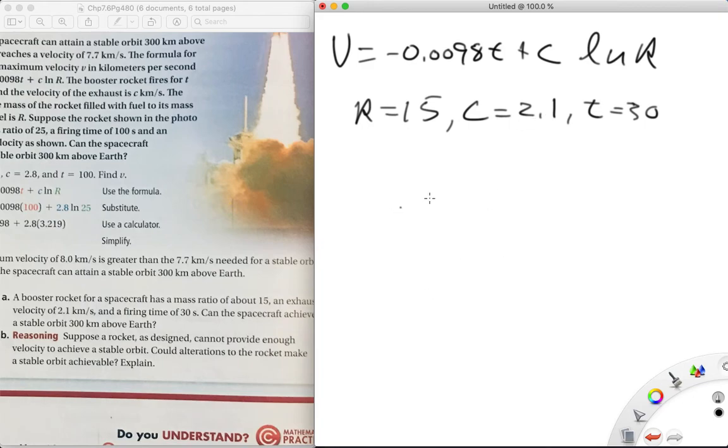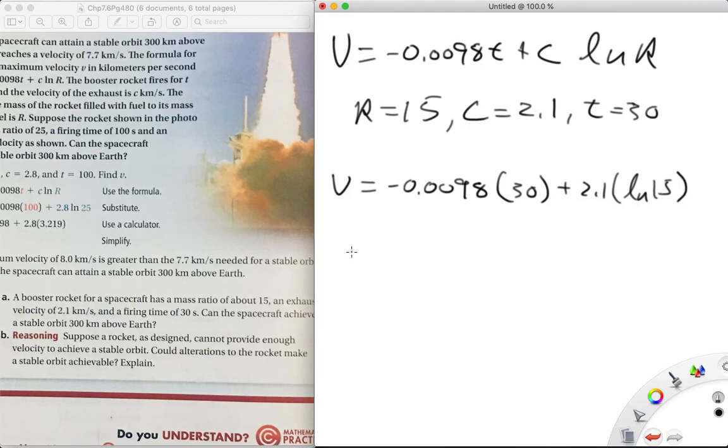Okay, so we plug those in. So V is equal to negative 0.0098 times 30 plus 2.1 times ln of 15. All right. And if it's greater than 7.7, then it can work.